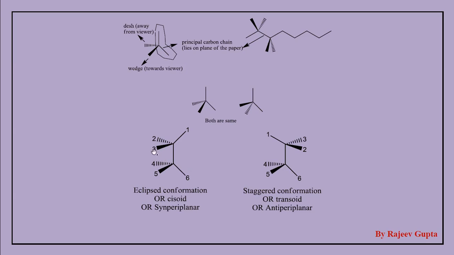Again observe here 3 and 5, which are situated on wedge, both have 0 degree dihedral angle. Again 2 and 4, which are situated on dash, both have 0 degree dihedral angle in between. Again if we observe here 3 and 5, both groups or atoms have 180 degree dihedral angle.